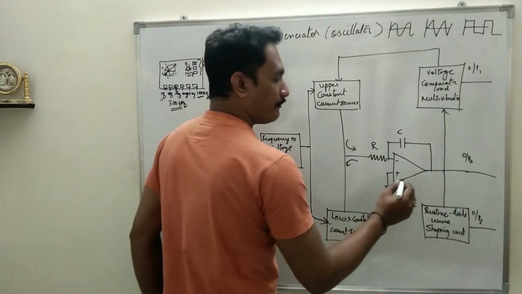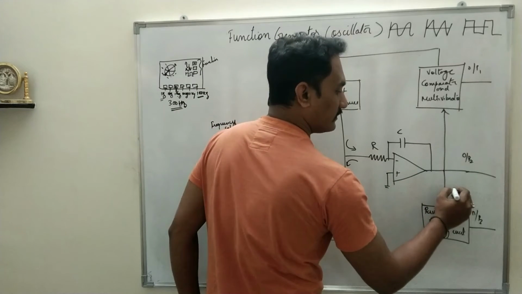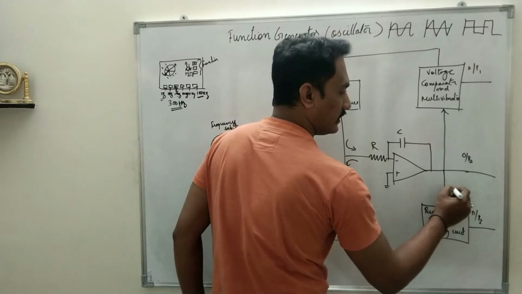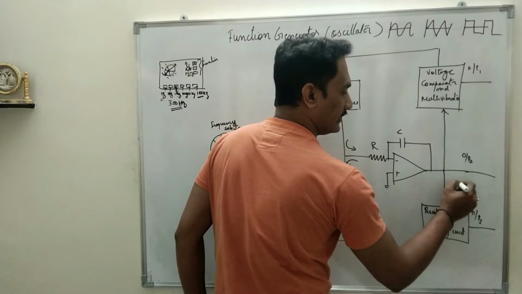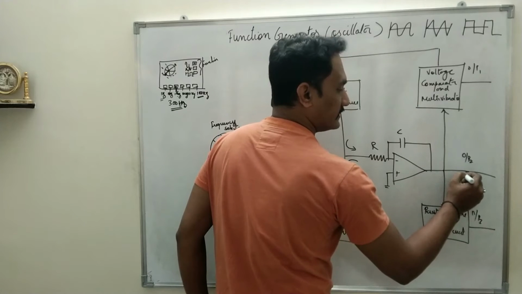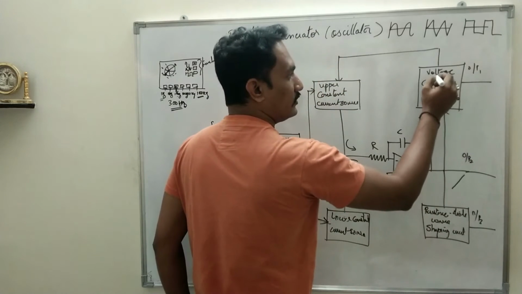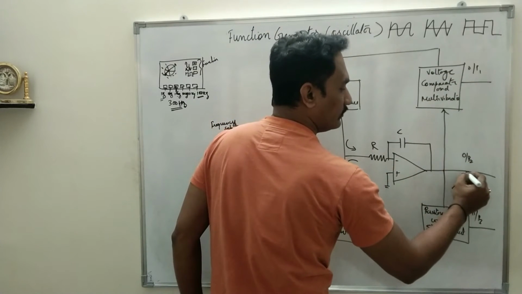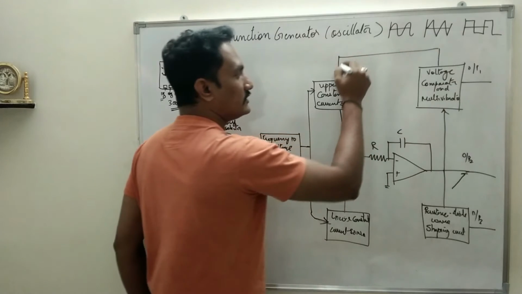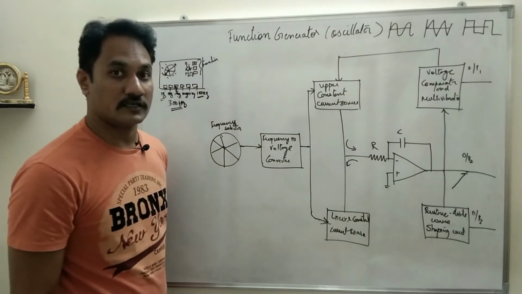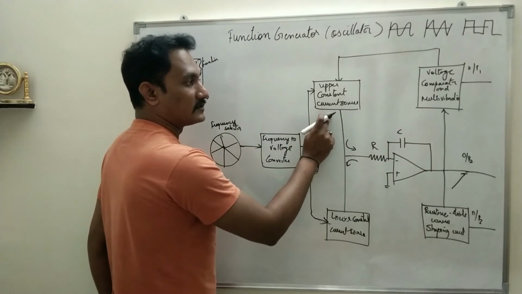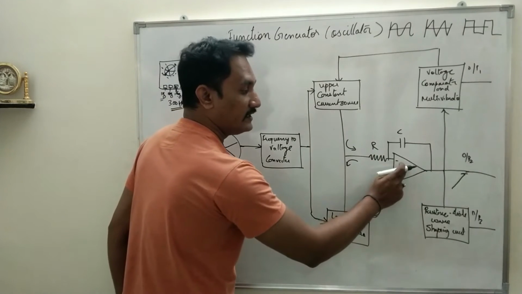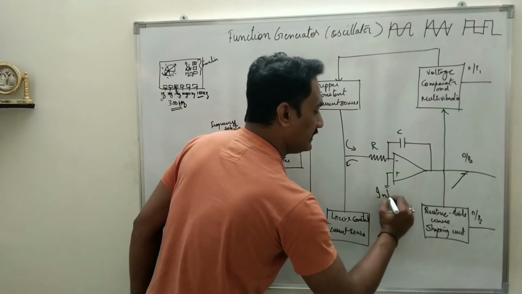So the integrator circuit will integrate small values of voltage. The output voltage of the integrator will keep on increasing. Now this voltage is given to the voltage comparator. At a predetermined value, the voltage comparator will switch off the upper constant current source. As soon as it is switched off, the lower constant current source will provide current to the integrator.